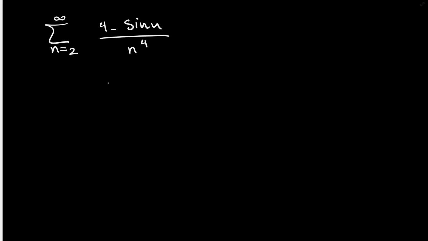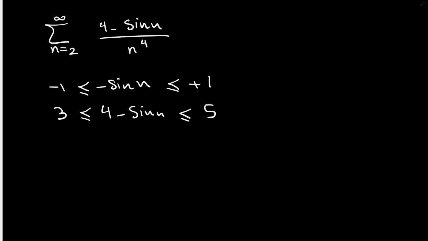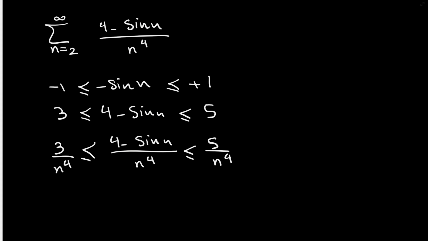We know that sine is between -1 and 1, so negative sine is also between -1 and +1, and then we add 4 to all sides, then it's between 5 and +3, and we divide all sides by n to power 4, which is a positive constant, and we are allowed to do that. Now I know that the given sequence is between 3 over n to power 4 and 5 over n to power 4.